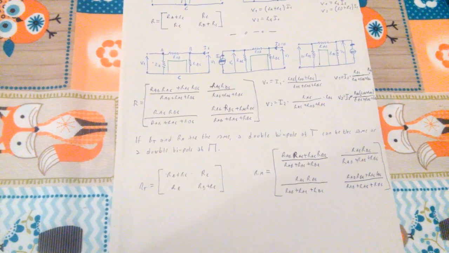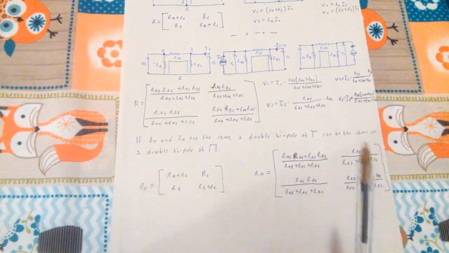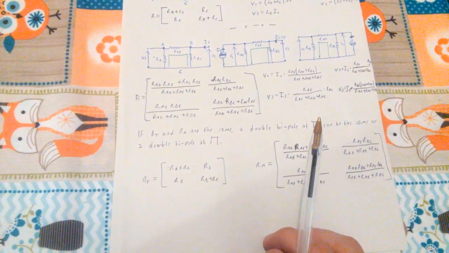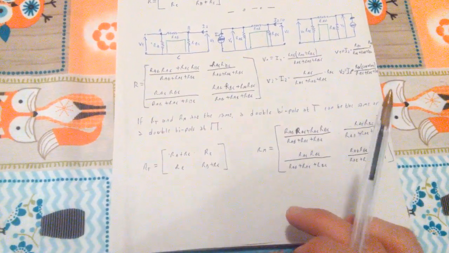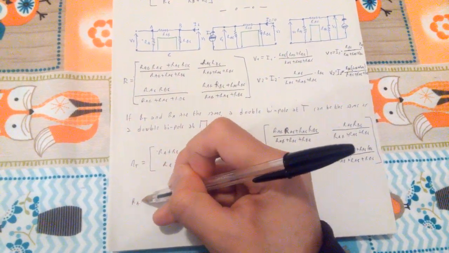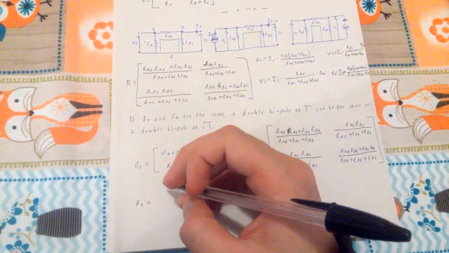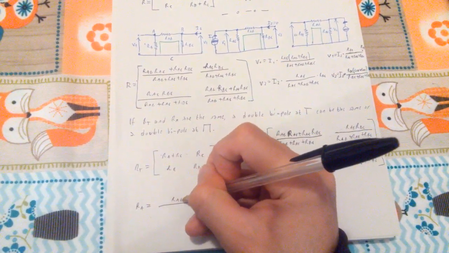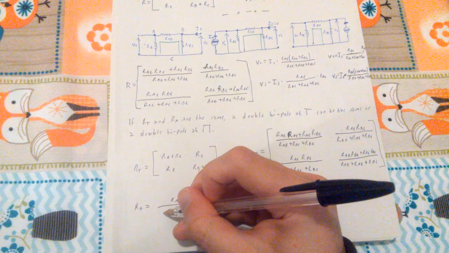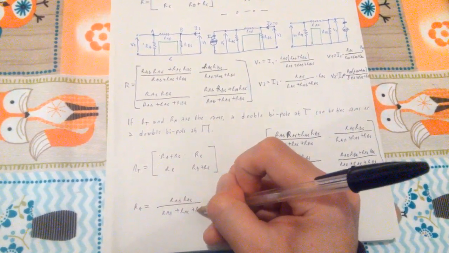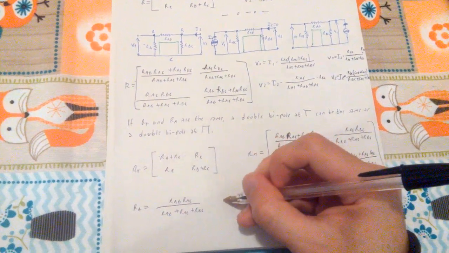capital Pi. Now, if we look at the matrices, we can see that those relationships have to be verified. RA has to be RAB, RAC over RAB plus RAC plus RBC.